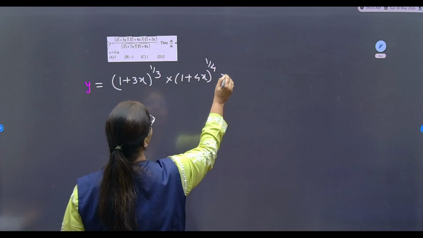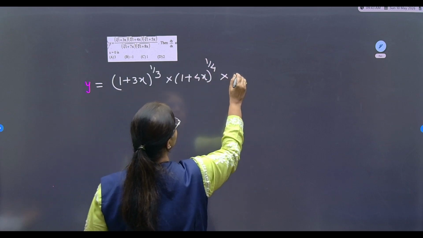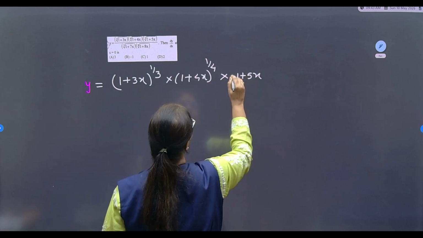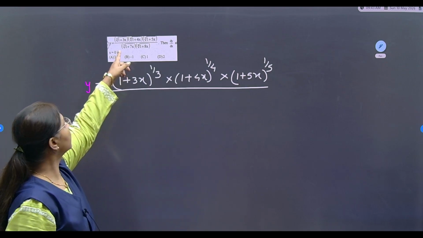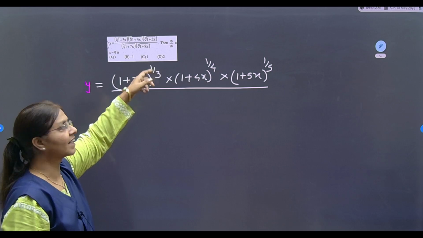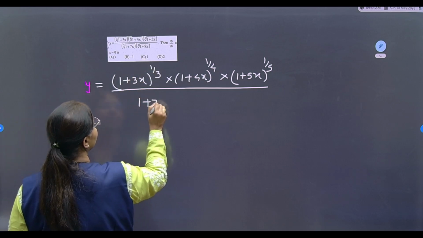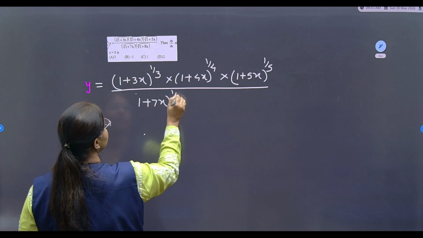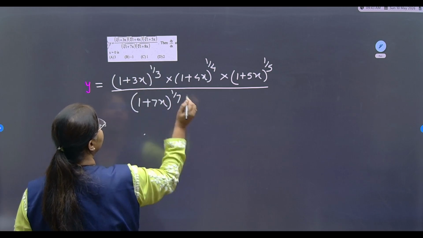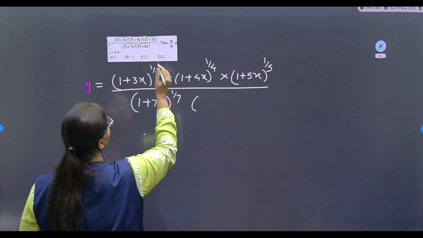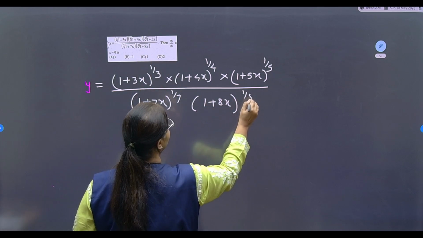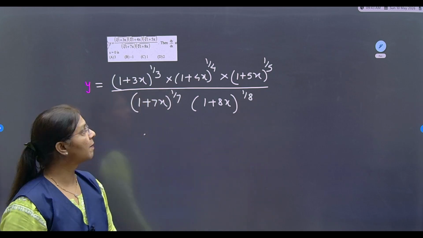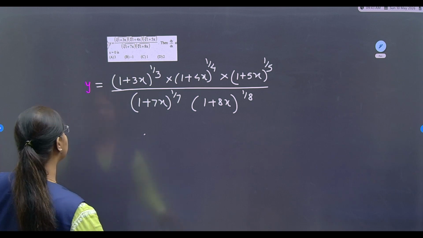Fifth root means 1 plus 5x raised to 1 by 5, whole divided by the 7th root of 1 plus 7x, that is 1 plus 7x raised to 1 by 7, into the 8th root of 1 plus 8x, that is 1 plus 8x raised to 1 by 8. Question: find dy by dx at the point x equals 0.